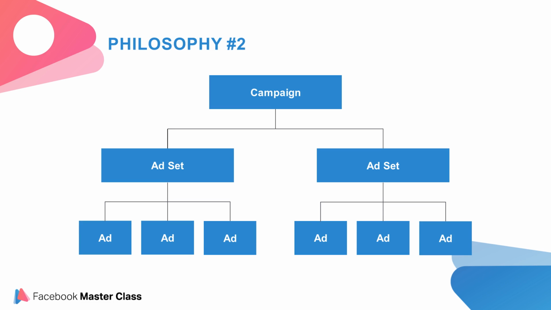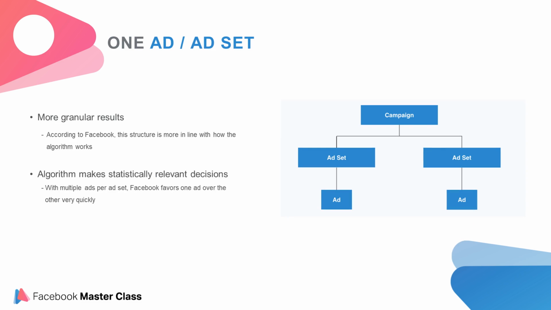Again, you have the campaign level, you have one or multiple ad sets, and then you have multiple ads underneath one ad set. You do not have one ad only, you have multiple ads. And here's the big difference. So essentially you have those two philosophies, and the big question is, what are the advantages of philosophy one and what are the advantages of philosophy number two? And yeah, what is the philosophy that you should go with?